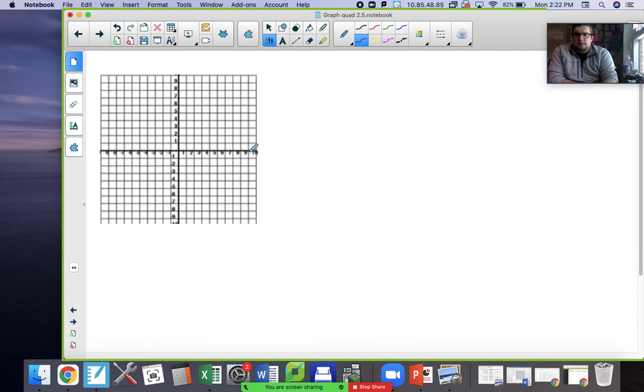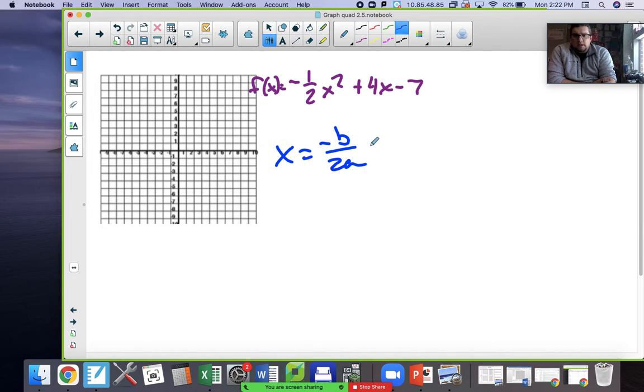Say we've got negative 1/2 x squared plus 4x minus 7. Again, I keep getting lazy. I'm not writing my function notation. Find our axis of symmetry. X equals negative b all over 2a. So that's negative 4 all over 2 times negative 1/2. So that's negative 4 over negative 1, which is 4.